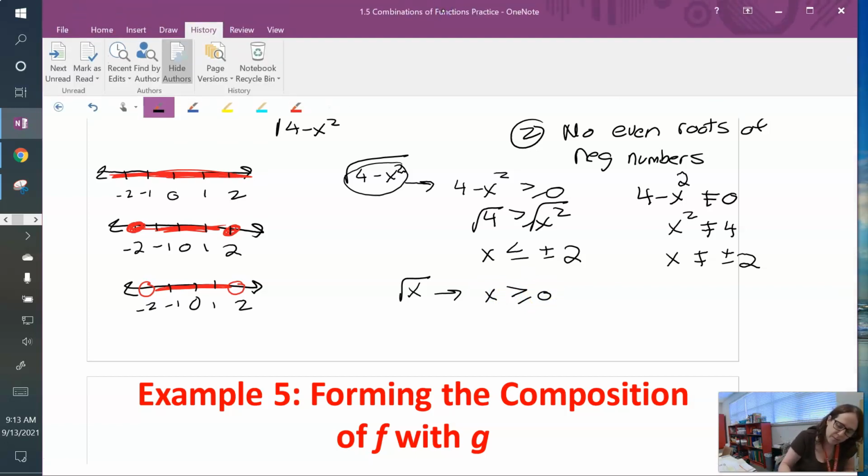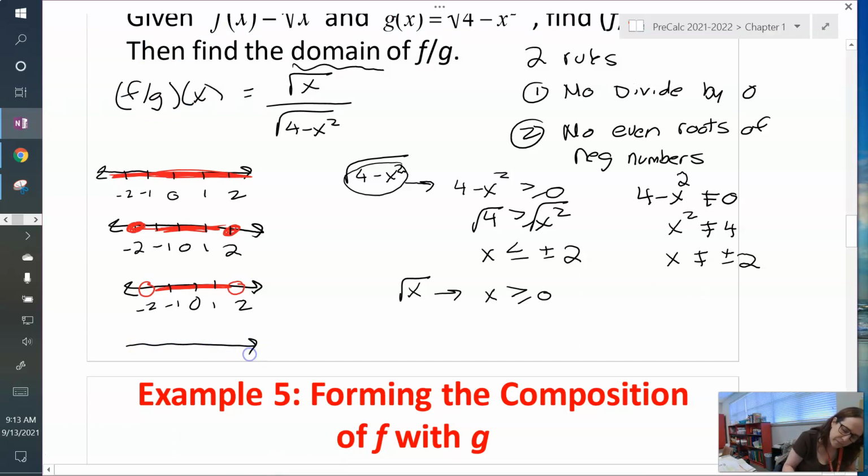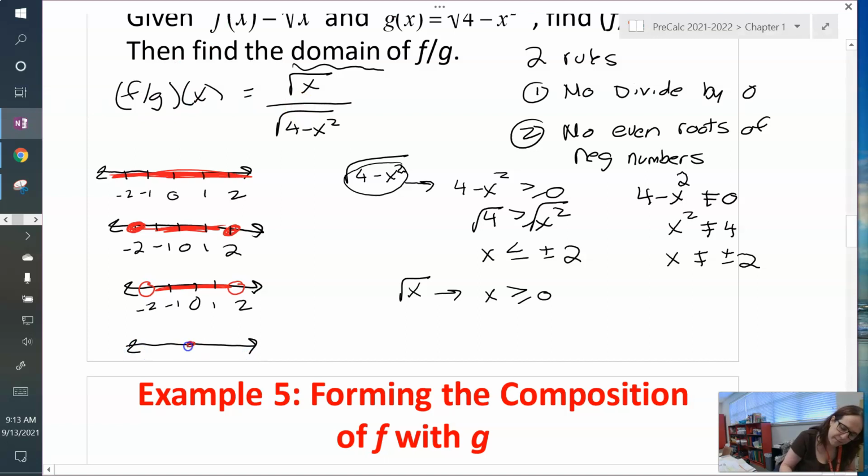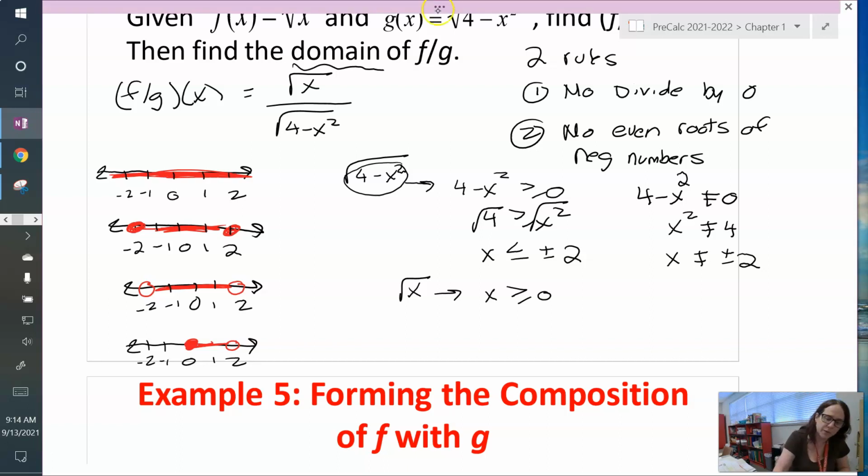So go back to my number line, just so you can see this. I'm now going to have a closed circle at 0. I still have that open circle at 2. So -2, -1, 0, 1, 2. This is my domain. It's between 0 included and 2 not included.